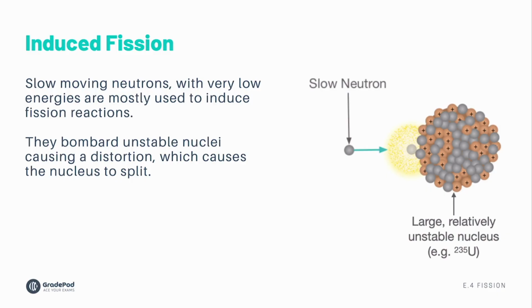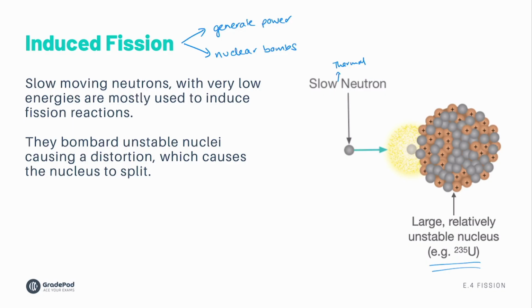From now on, we're going to be looking at induced fission only. And why is that? Well, induced fission is the way that we generate power in nuclear reactors, and it's the way that nuclear bombs are produced. The method of inducing fission is to take a slow neutron, sometimes called a thermal neutron, and bombard a large, already relatively unstable nucleus.